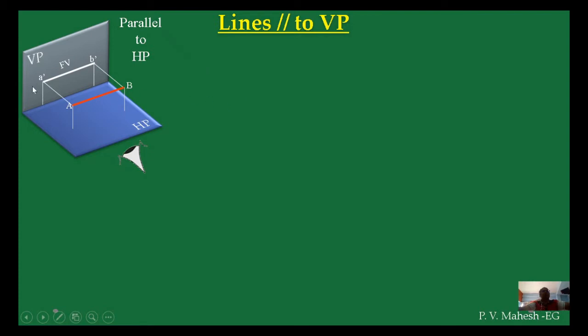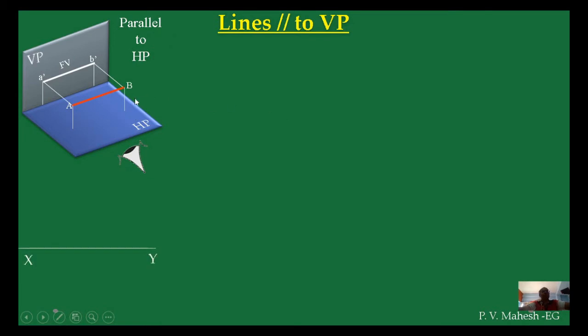So the first step in drawing the projection is the front view. In the front view, we need to identify the position of A dash or B dash with respect to XY. So you identify from the question the distance of point A from HP or the distance of point B from HP.